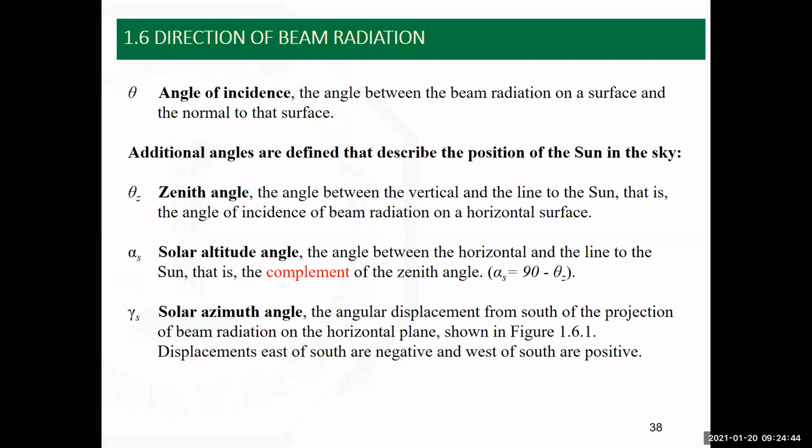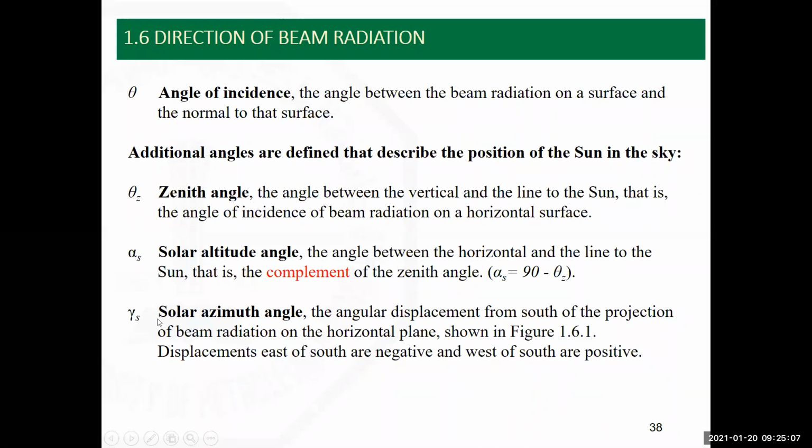Then we have the angle of incidence, which is a function of the previous angles. This is the angle between the beam radiation coming from the sun and the surface that we have in hand. We talked about the zenith angle. We talked about alpha S, which is the solar altitude angle, knowing that there is a relation between these two angles: both of them sum up to 90 degrees.